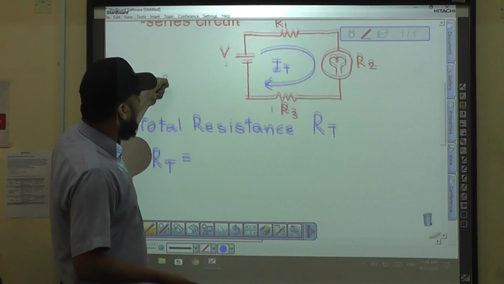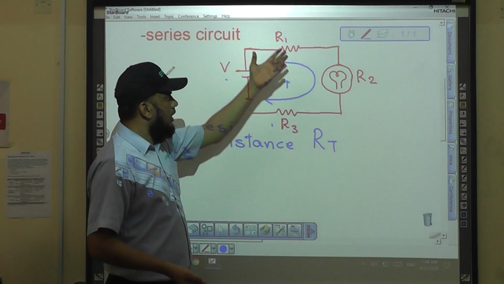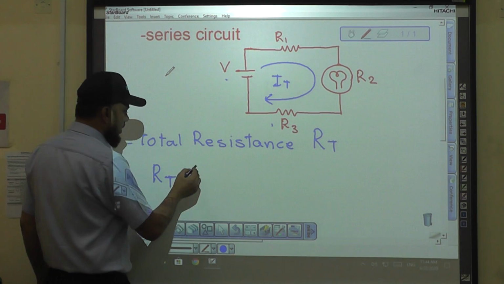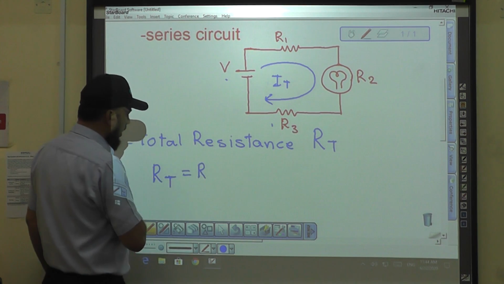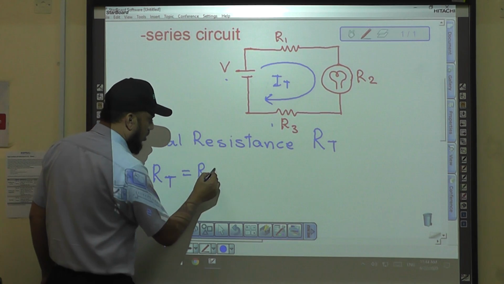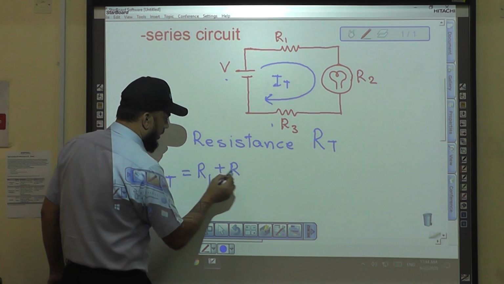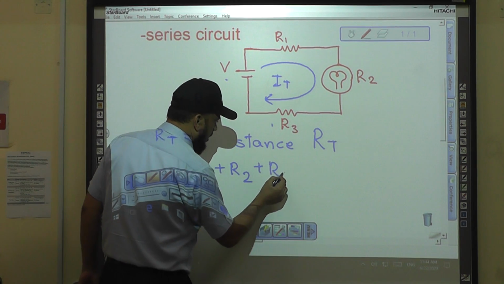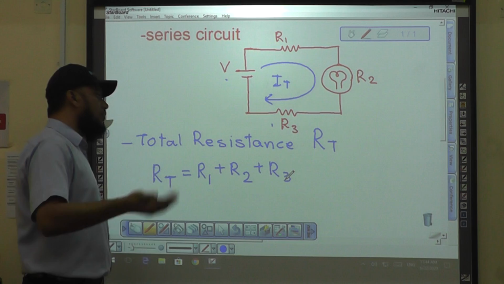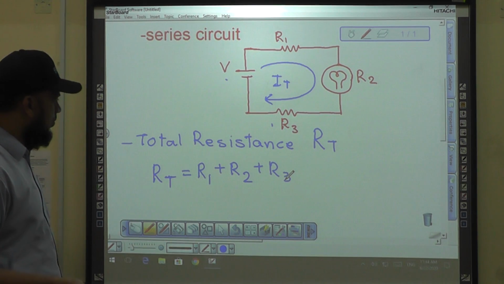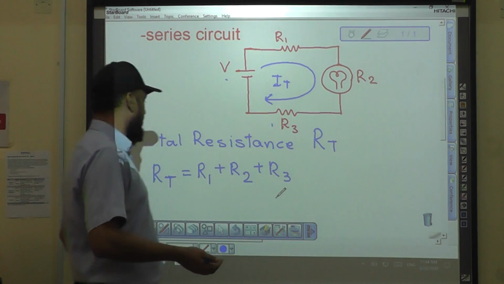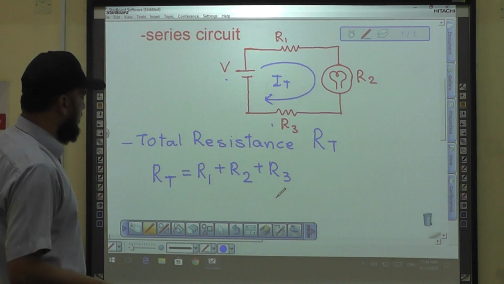We have R1, R2 and R3, so we can calculate R total as R1 plus R2 plus R3. If we have more resistances, we add them subsequently, R4, R5, R6, till the last resistance.